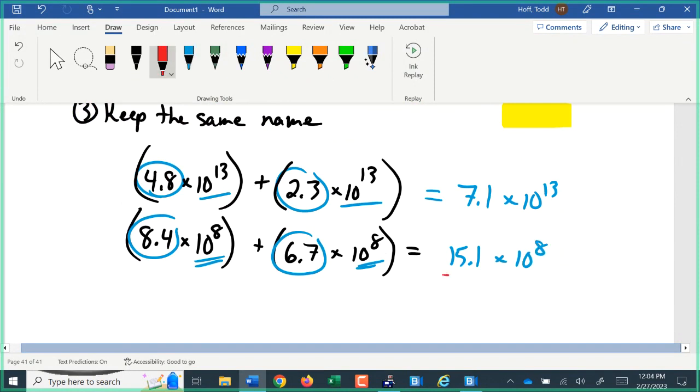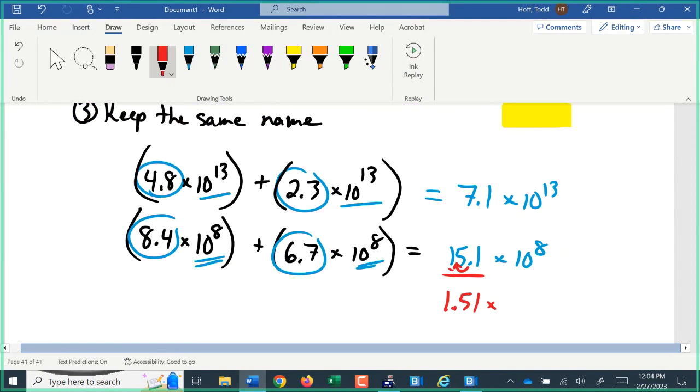So the problem we have here is that there are 2 digits now in front of the decimal point. We can only have 1 for proper scientific notation. So we have to move that decimal point over to make that 1.51. Now again, when you probably learn scientific notation, you're most likely taught to memorize, well, if the decimal point goes to the left, the power has to get bigger.